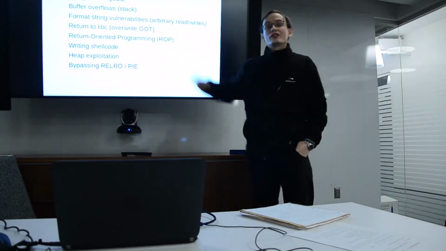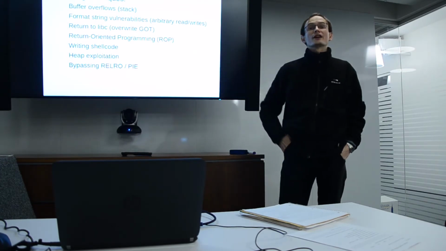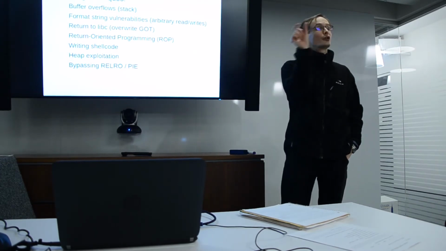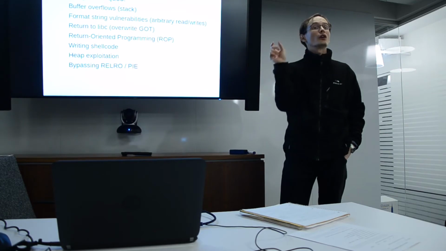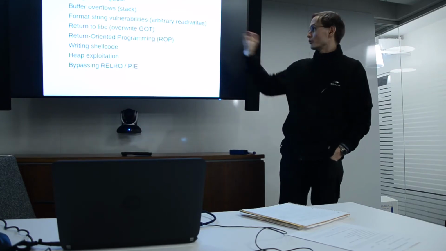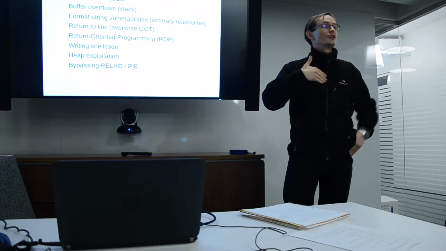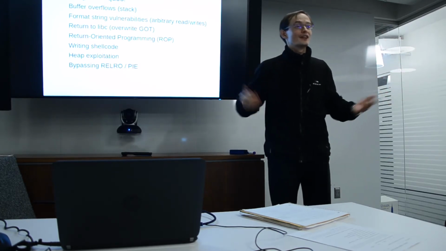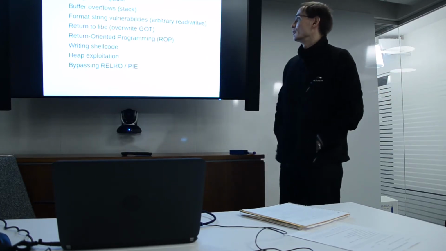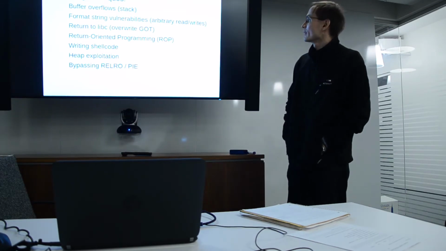The global offset table is a part of a binary that contains pointers to functions that are already going to be called. If you can overwrite that spot, then instead of calling print, you can call system and get a shell. That's a very important skill to learn.